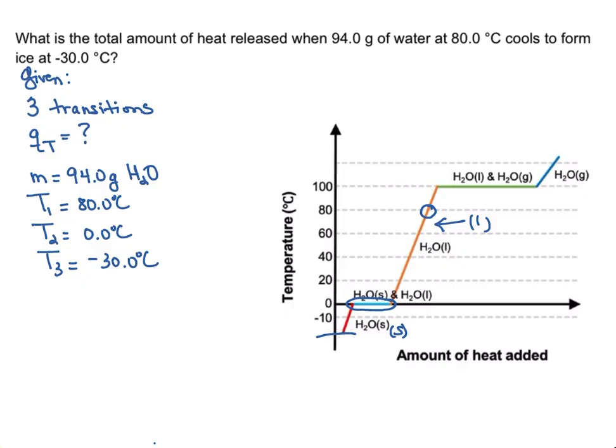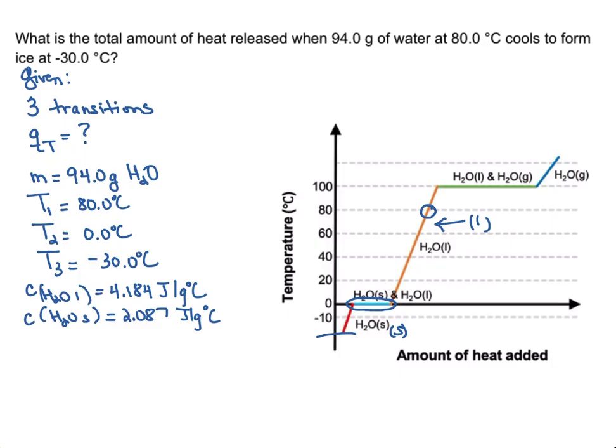I also have some constants that I can grab from the book or from a table. The specific heat of water in the liquid phase is 4.184 joules per gram per Celsius. I also have the specific heat of water in the solid phase as 2.087 joules per gram per Celsius.